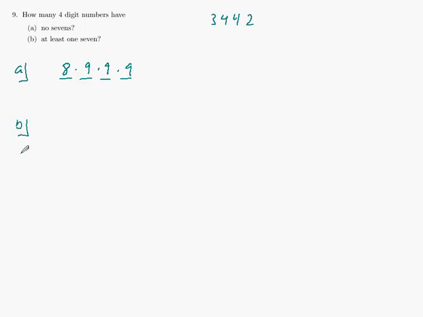Part B says at least 1 7. Now at least 1 7 has 2 ways to do it. The easiest way to do this is total minus what we don't want. Total would be 9 times 10 times 10 times 10.